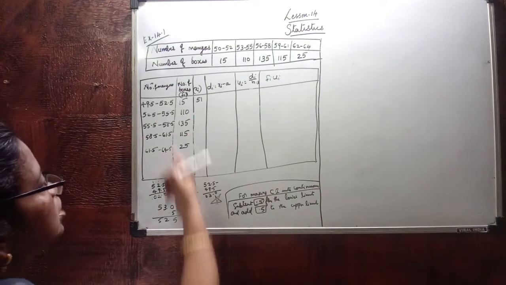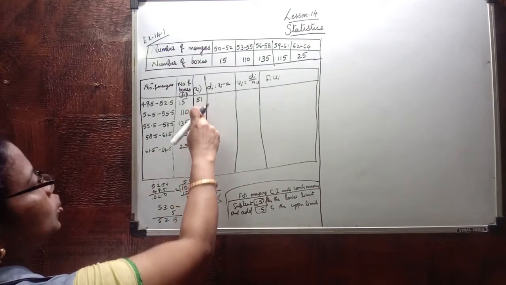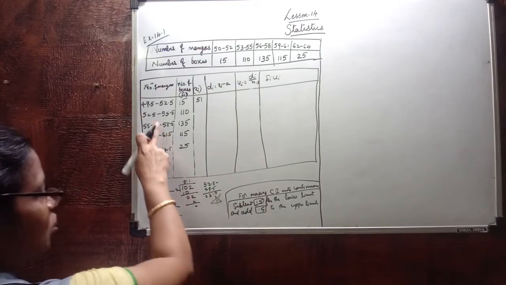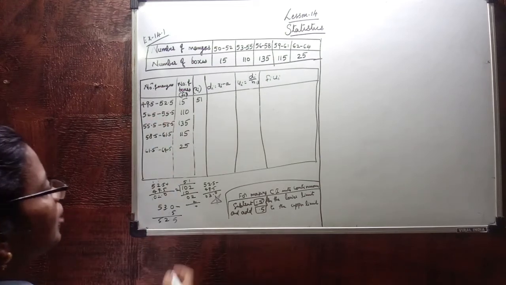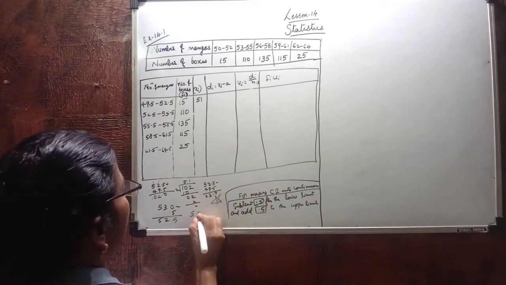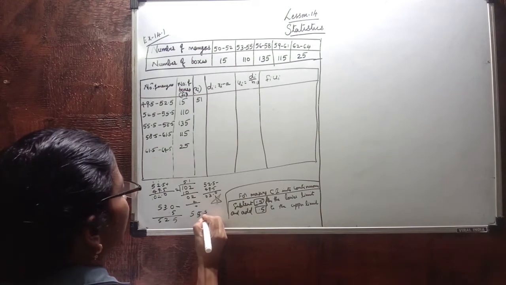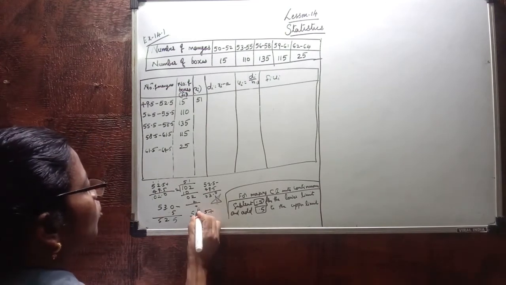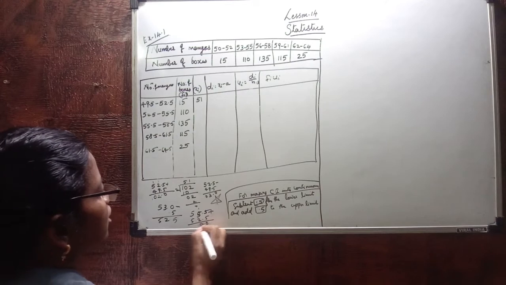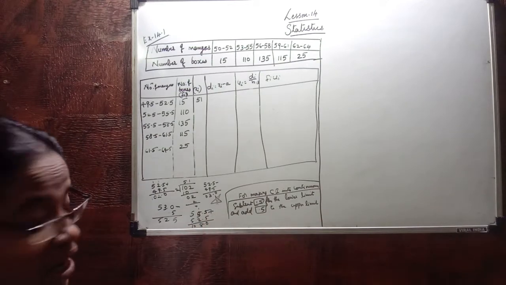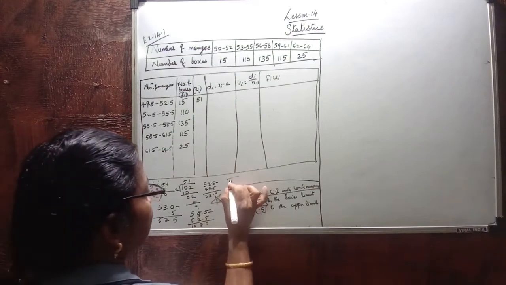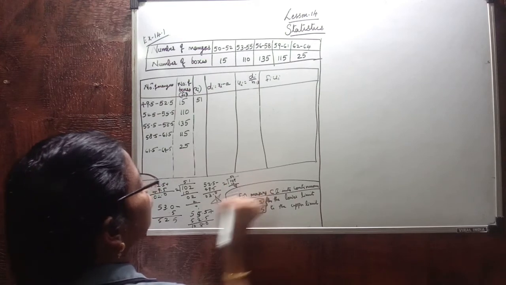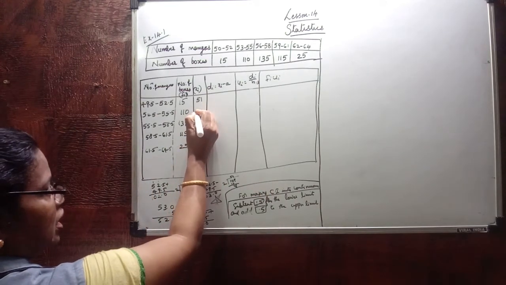Right. Now next one, xi. If you add 3 to each one, you will get xi, that you know. Anyway, some of you are not getting it, so I'll show you how to do it. 55.5 plus 52.5: 5 plus 5, 10, 1 carry over; 6 plus 2, 8, and then 108. 108 divided by 2, you get the answer: 5 2s are 10, 0, 8, 54. 51 plus 3, 54.